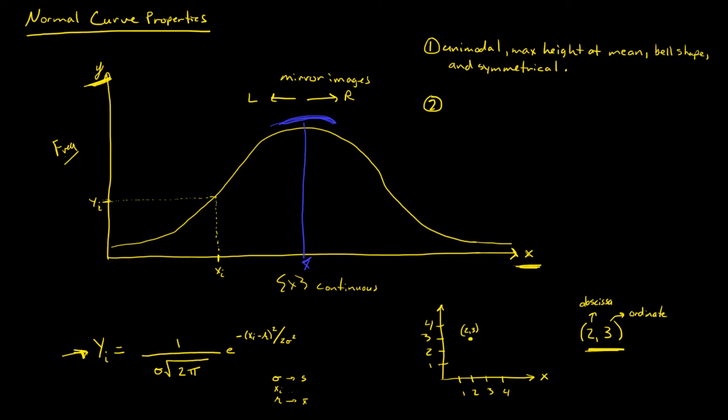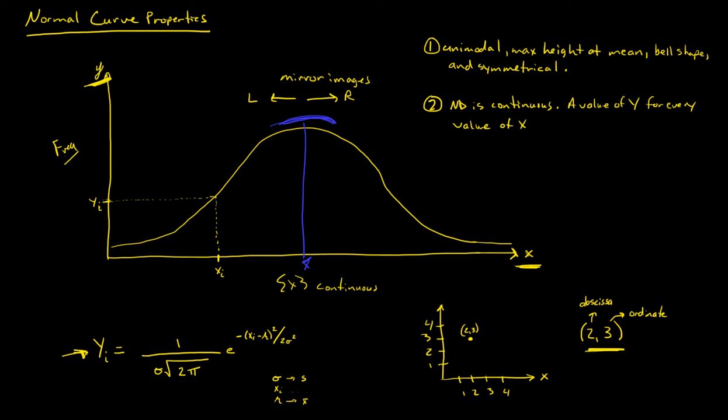Okay, so the normal distribution, I'll just write ND, normal distribution is continuous. That is, we're going to get a value of y for every value of x.